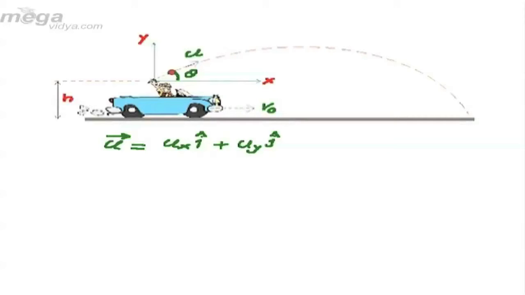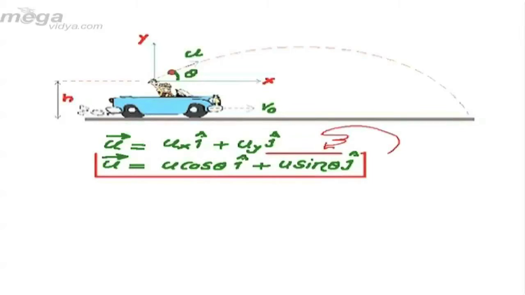We can easily see that u is u cos theta i cap plus u sin theta j cap. This is the velocity of the projectile with respect to the car.